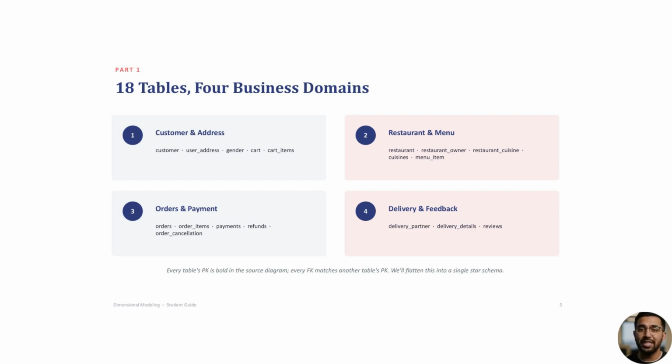Each table's primary key is highlighted in bold, ensuring unique identification, while foreign keys link to primary keys in other tables. Our goal is to transform these into a cohesive star schema, simplifying data analysis and reporting. This approach will enhance data accessibility and streamline business insights.